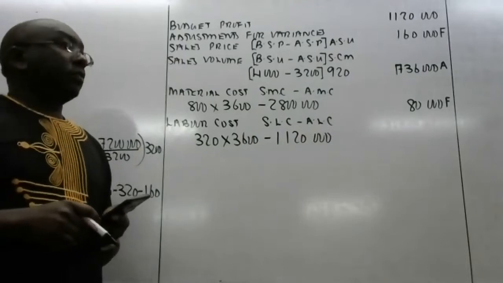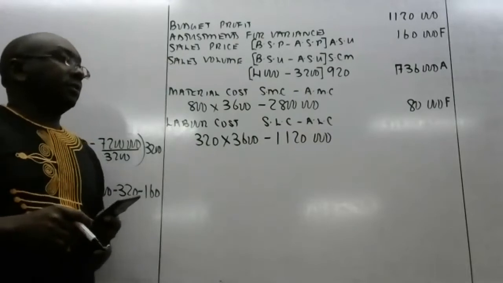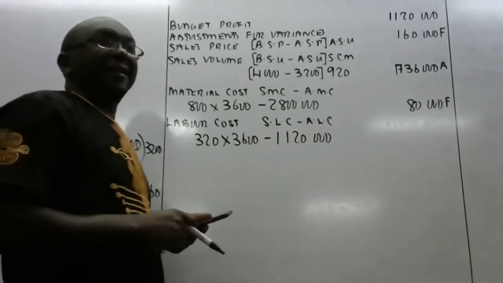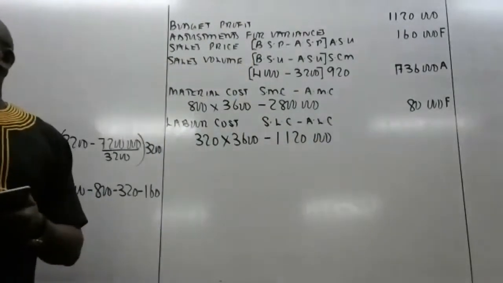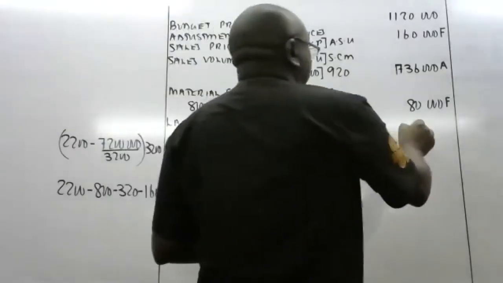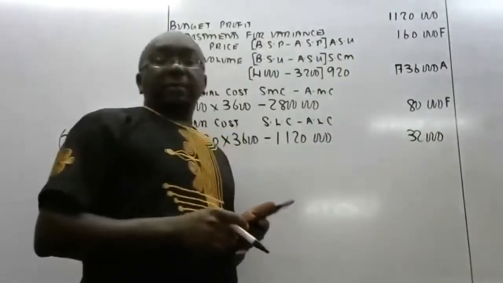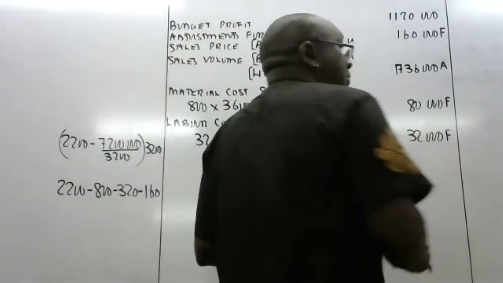That gives us how much? That's 2,000. Favorable or adverse? Favorable. By now you should be able to interpret these variances. Very complete.